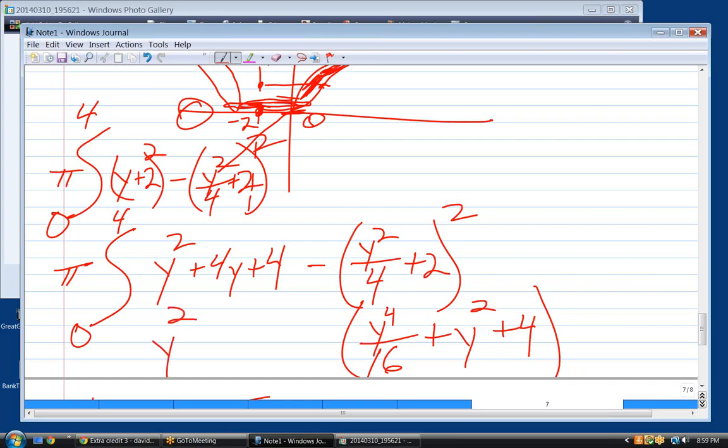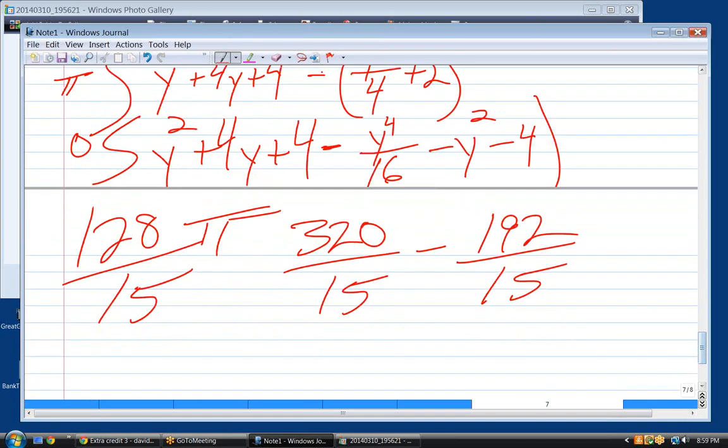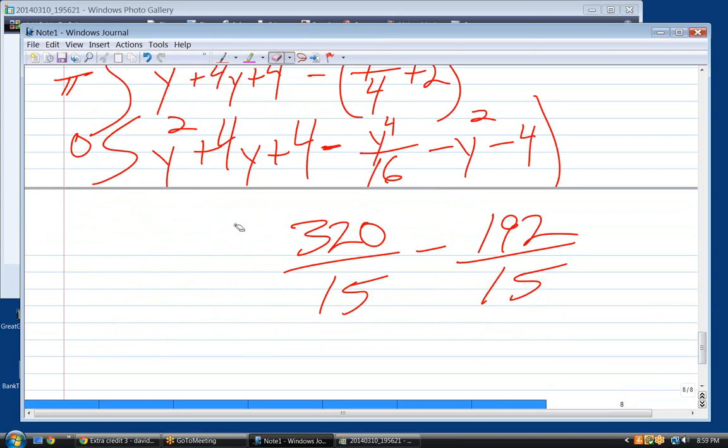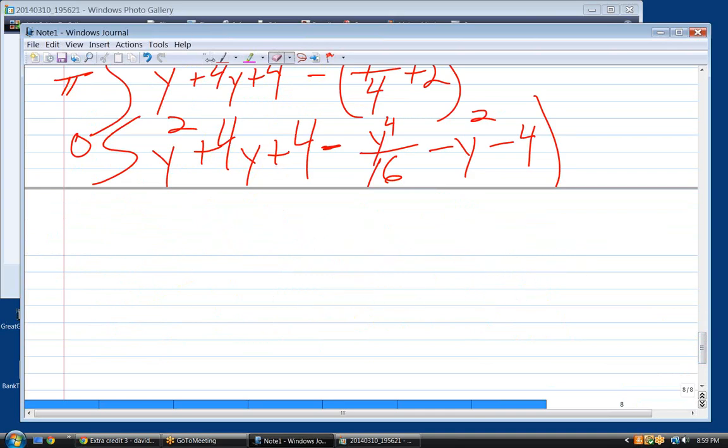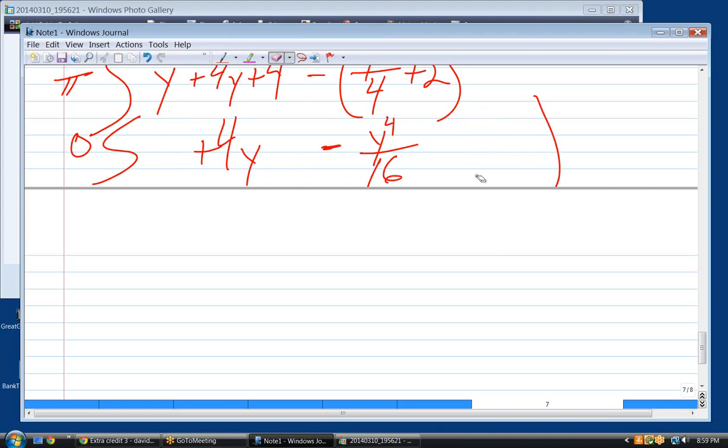So we've got y squared plus 4y plus 4 minus, and if I remove the parentheses, that becomes a minus and that a minus. So this is what I have to integrate. The 4's cancel. The y squareds cancel. So I've got to integrate this.